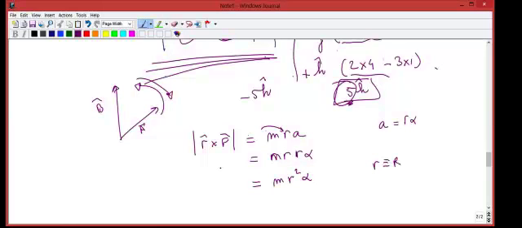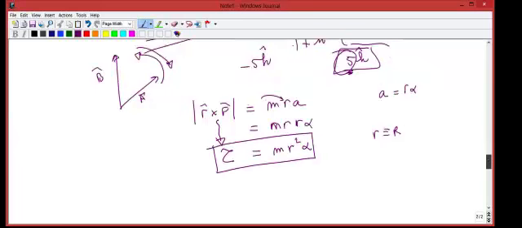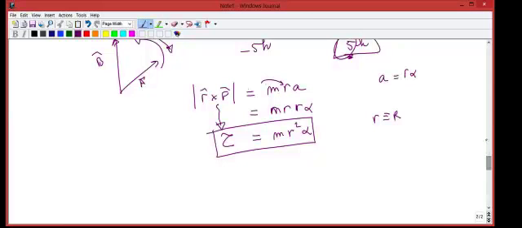This is what we're going to call the moment or the torque. So that's going to be the magnitude of the moment. This is telling us that every time you want to create an angular acceleration, you need to apply a torque. Physicists use torque, tau, engineers use moment, M, same thing.